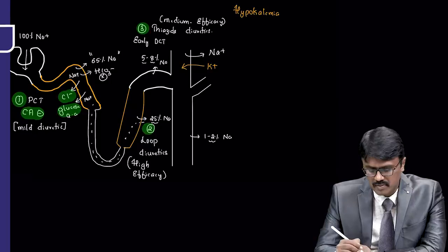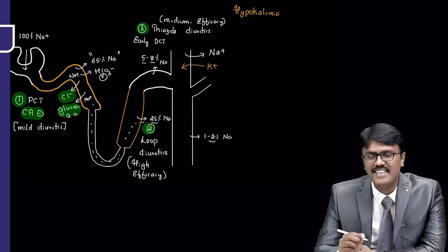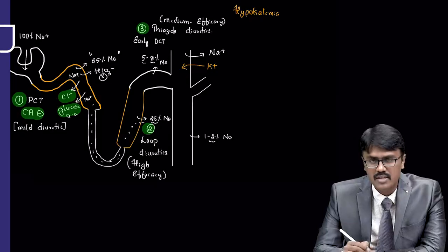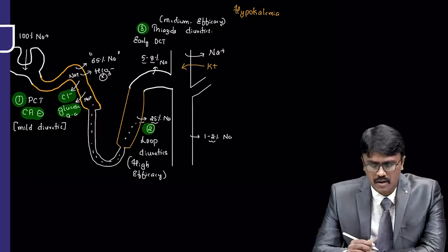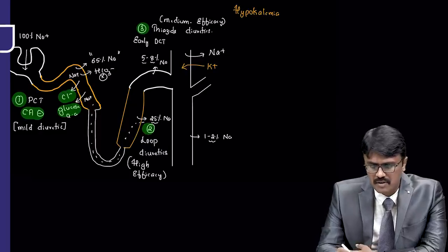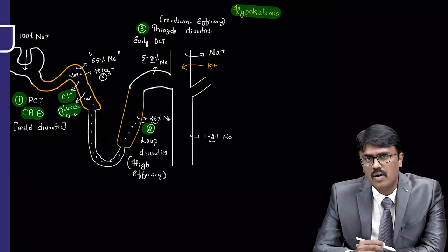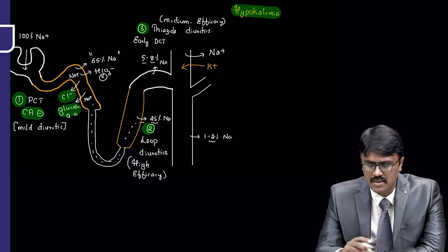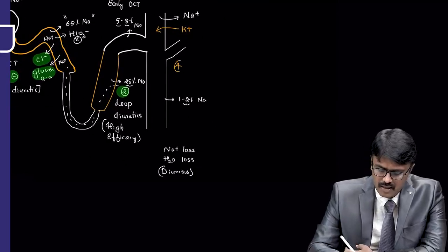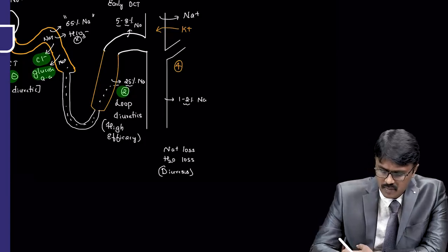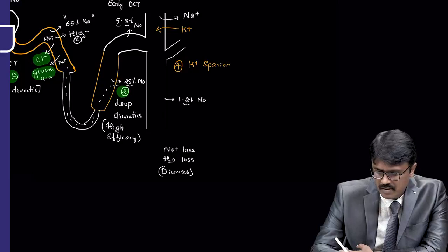So carbonic anhydrase inhibitors, loop diuretics, thiazide diuretics, they can cause hypokalemia, and all the three are derived from sulfur, so they can cause allergy. Now when we are using these drugs, the patient may suffer with hypokalemia. Now how do I compensate that? To compensate that, we have a fourth target of diuretics which act in the collecting duct, and they are called potassium sparing diuretics.